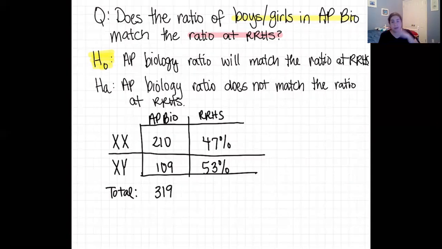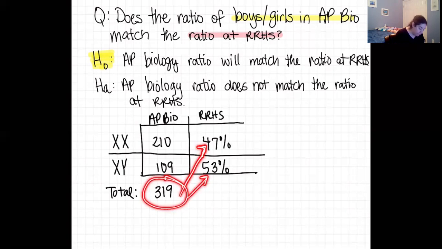Now, based on the percentages at Round Rock High School, we are going to figure out, if the total number of students is 319 in AP Biology, and they follow this ratio, what those numbers are.